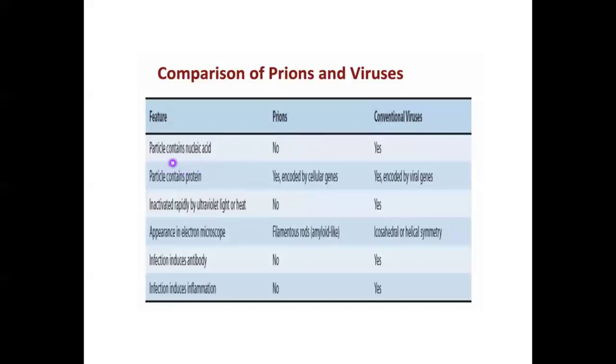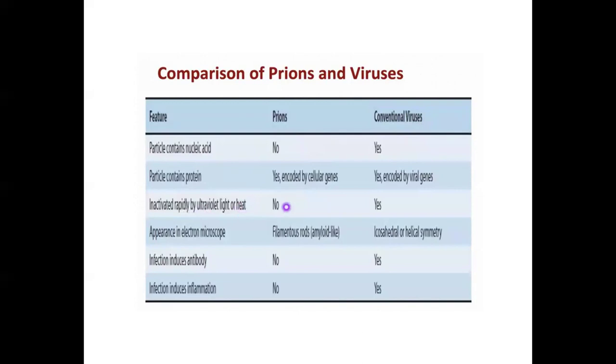Particle containing protein. In prions, yes, but it is encoded by cellular genes. I'm going to explain what that means later as we continue. But for conventional viruses, we know it is encoded by the viral genes. The virus has specific enzymes that encode its genes, and is inactivated rapidly by ultraviolet light or heat.